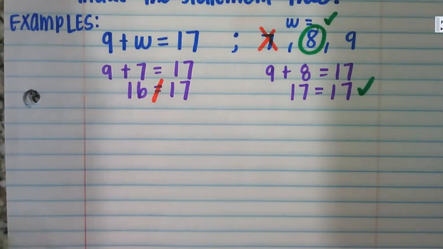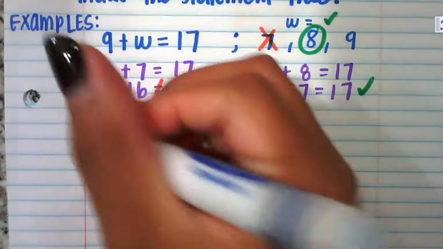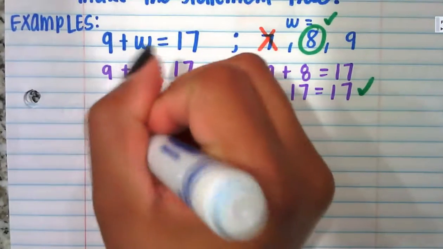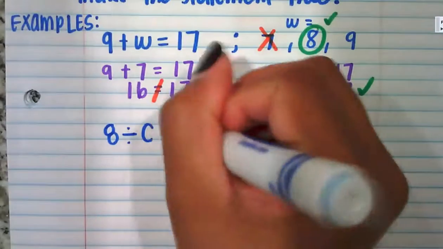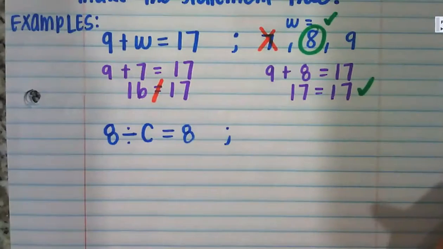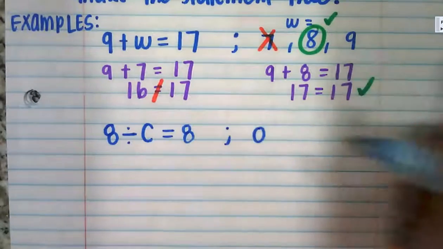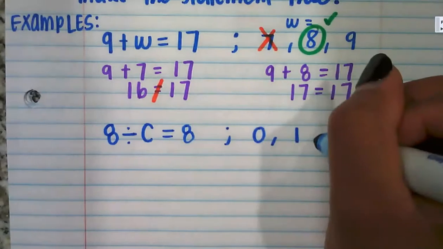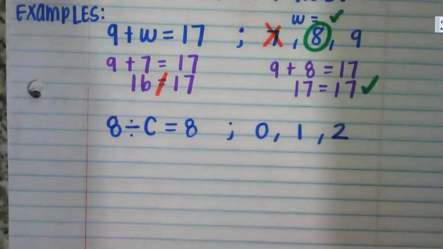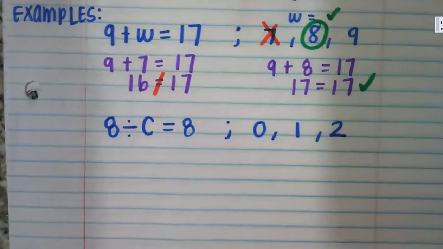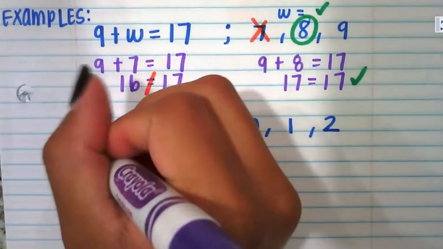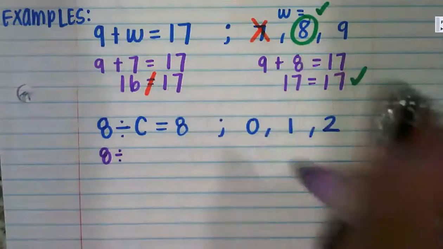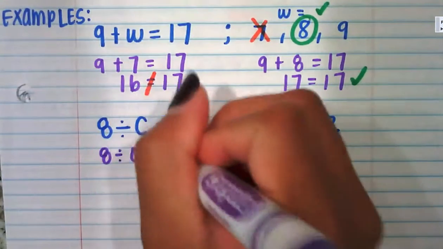Let's say we had 8 divided by c is equal to 8. And the solutions that they're asking us about are 0, 1, and 2. So let's go ahead and plug those solutions in and see which one works. 8 divided by the first solution, 0, is equal to 8.